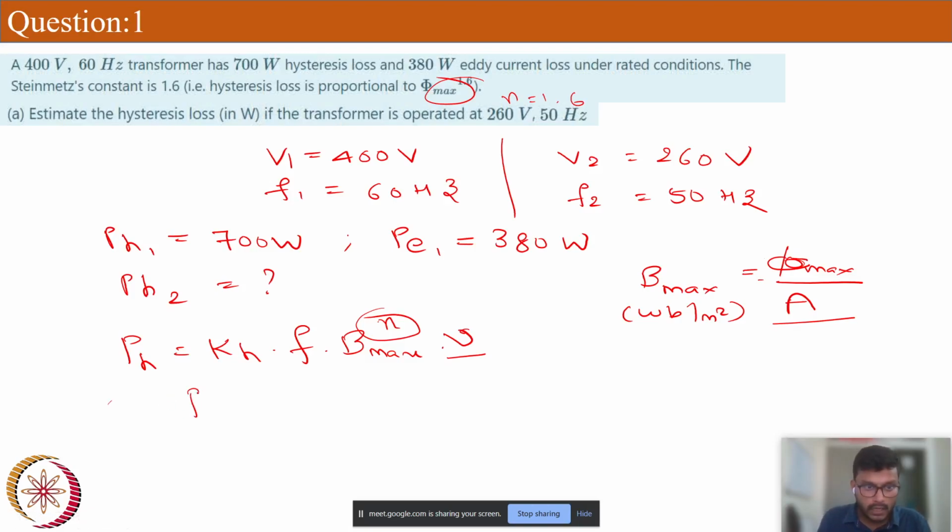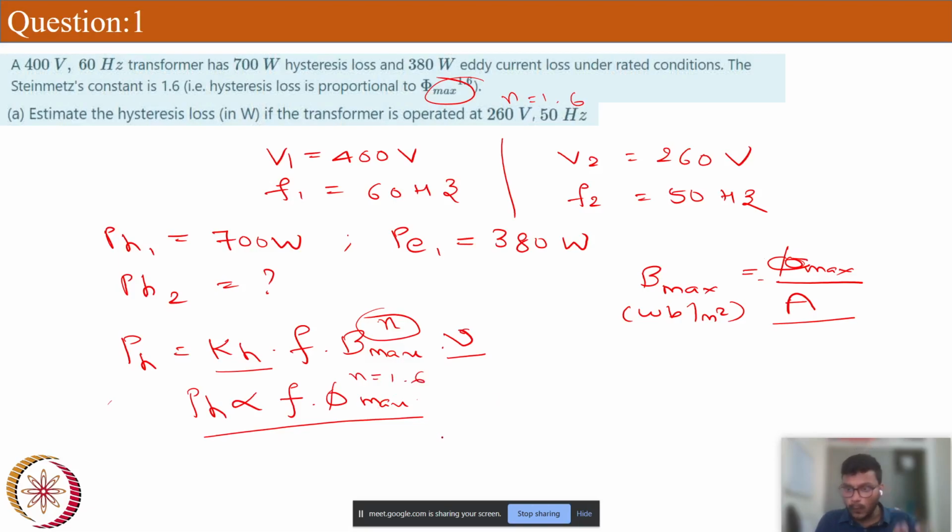Now PH is proportional to frequency, KH is a constant, and B max we can write as phi max by area, and since area is constant, phi max power N. The volume is the same, as we use the same transformer. So PH is dependent on two factors, frequency as well as maximum flux produced. Now N is equal to 1.6 here.